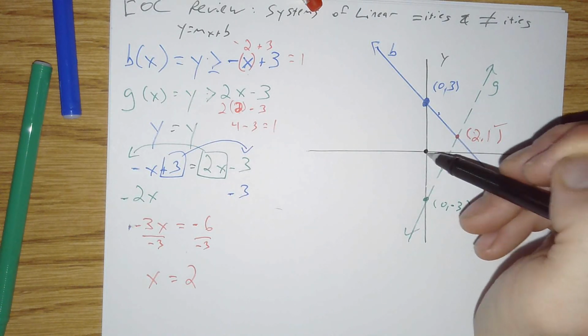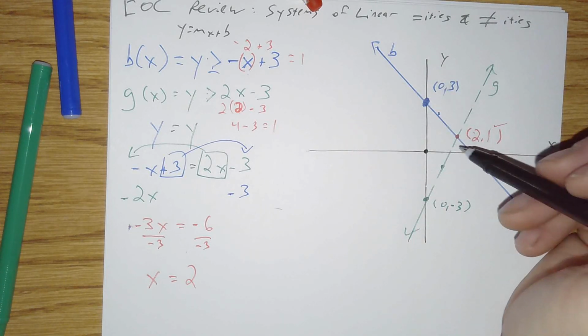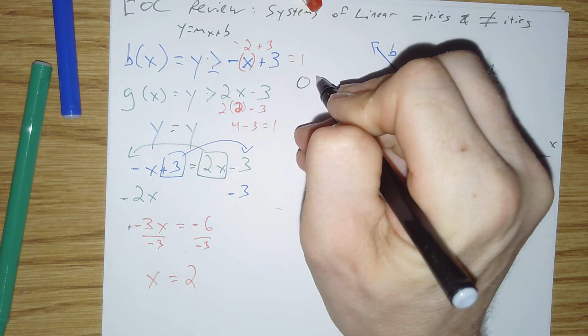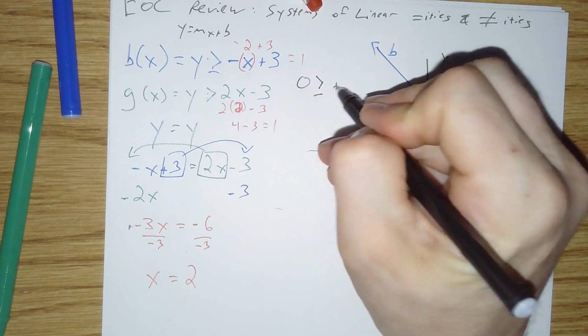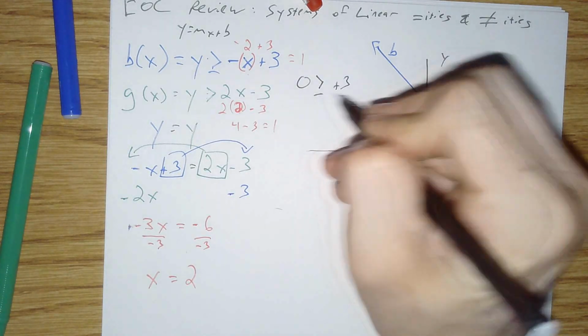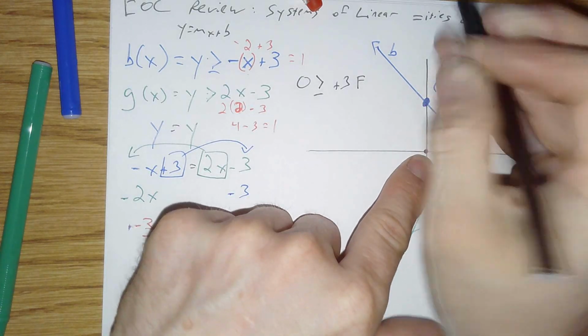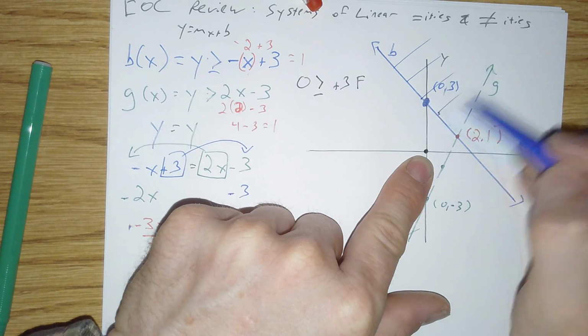If it is true, the origin is in the shaded region for blue. So let's check it. 0 is greater than or equal to 0 plus 3. 0 is not greater than or equal to 3, that's false. So my blue region has got to be right here.